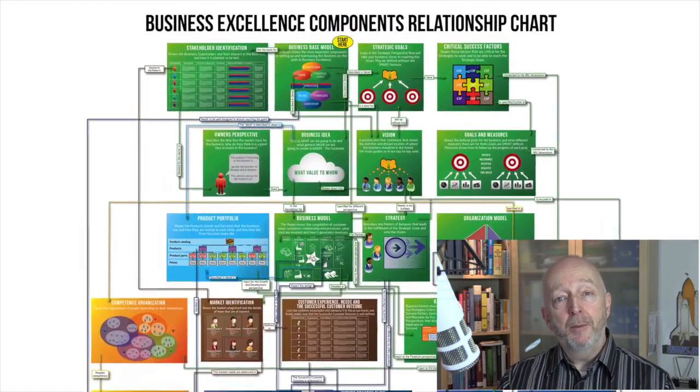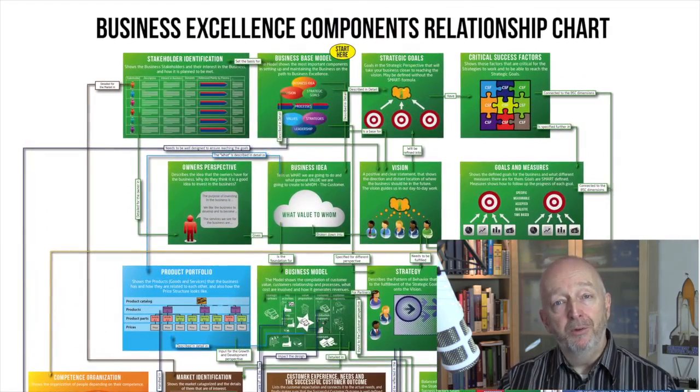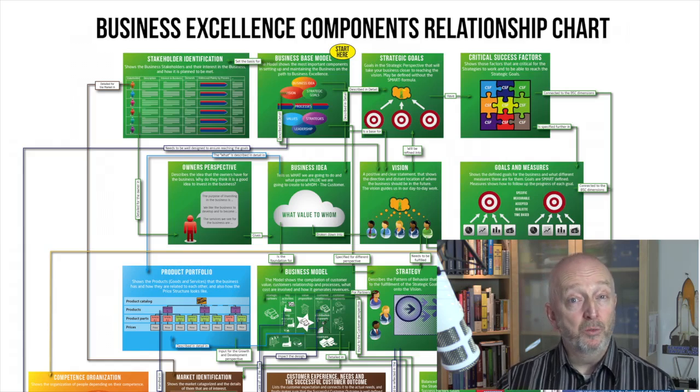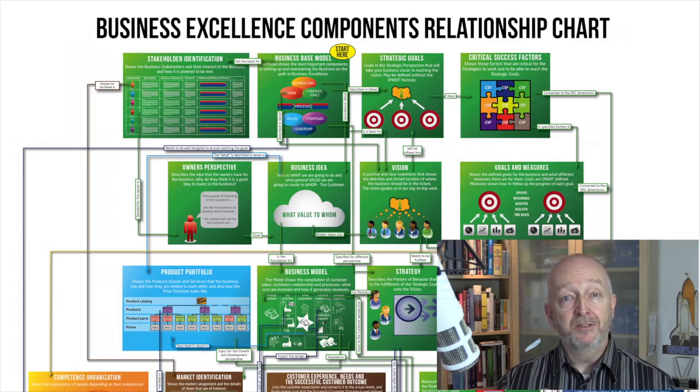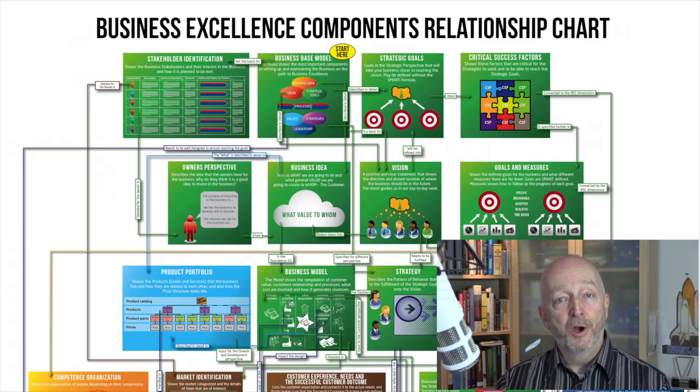We've been talking about a lot of these green components that are higher level components where the top management team are involved, and maybe the board as well, with business idea, strategy, goals and all those high level things. Those are very important for the high level in the organization to understand and work with.